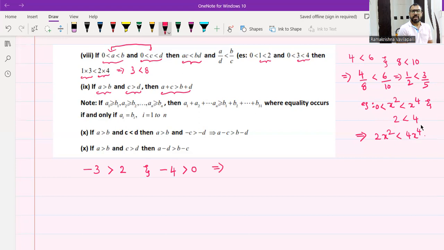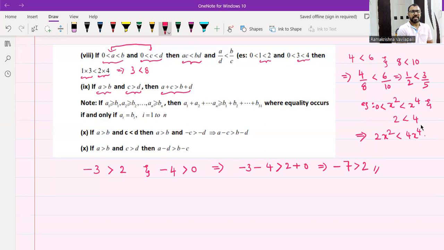Right? Now adding these two. So minus 3, minus 4, obviously greater than 2 plus 0. So this implies minus 7 is greater than 2. It is very clear that two inequalities can be added directly.